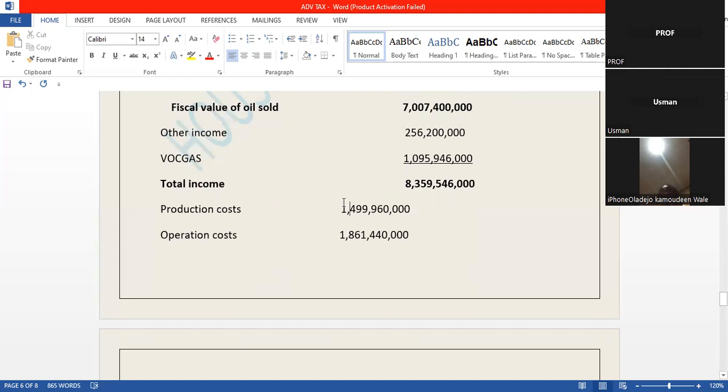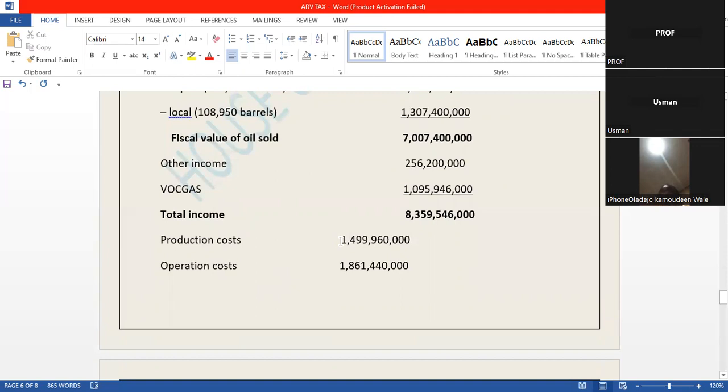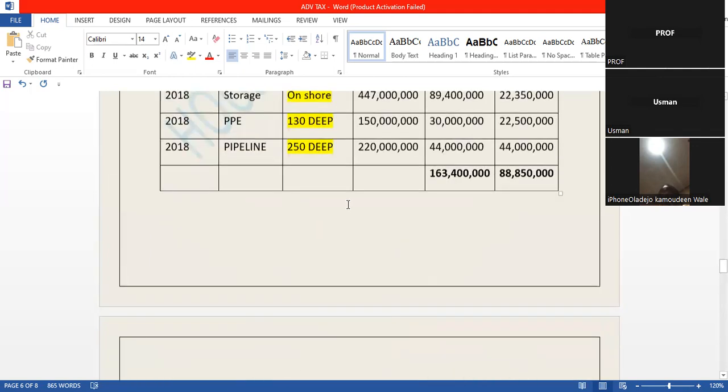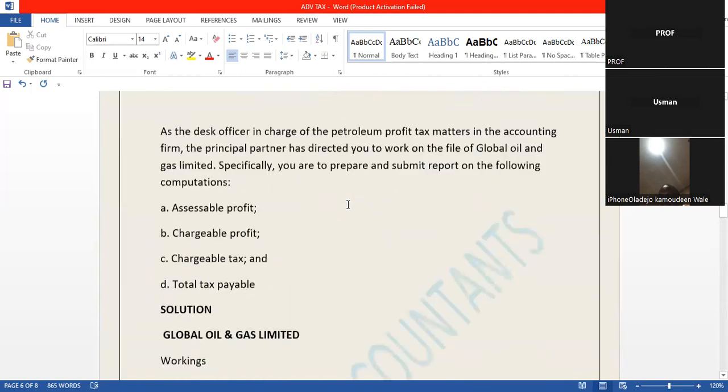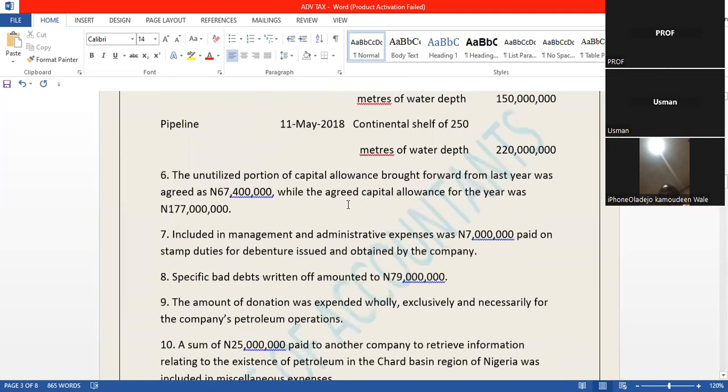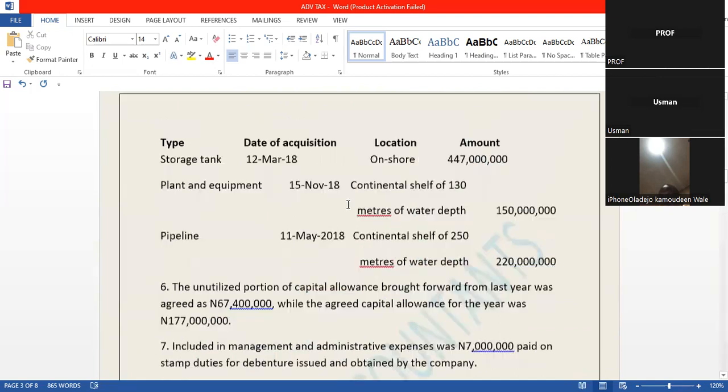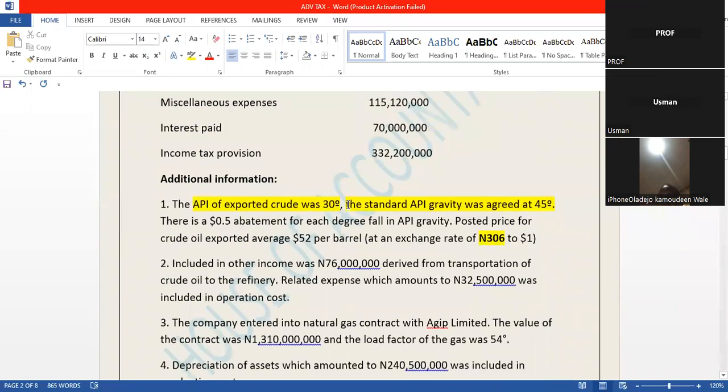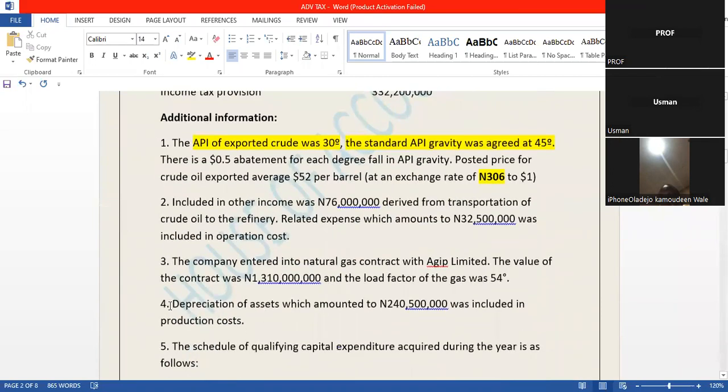But we have to go back to the information given to us, if there's any information concerning this particular figure. So let's go back there to see the information. We are looking at production cost. I think I saw something about production cost when we are working on it. So we have one in note 4.